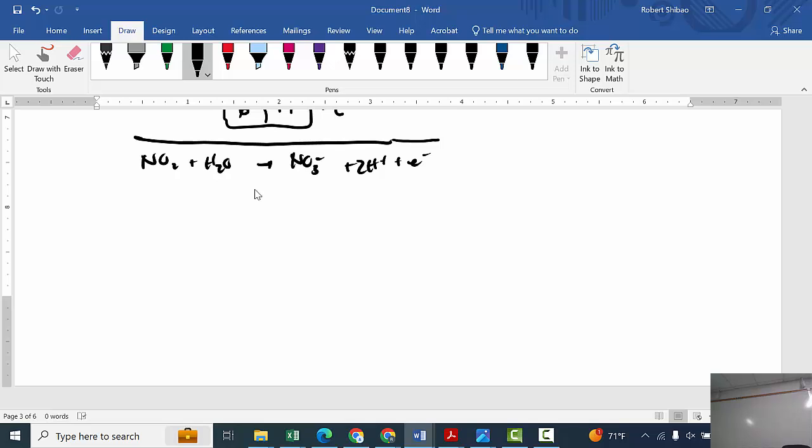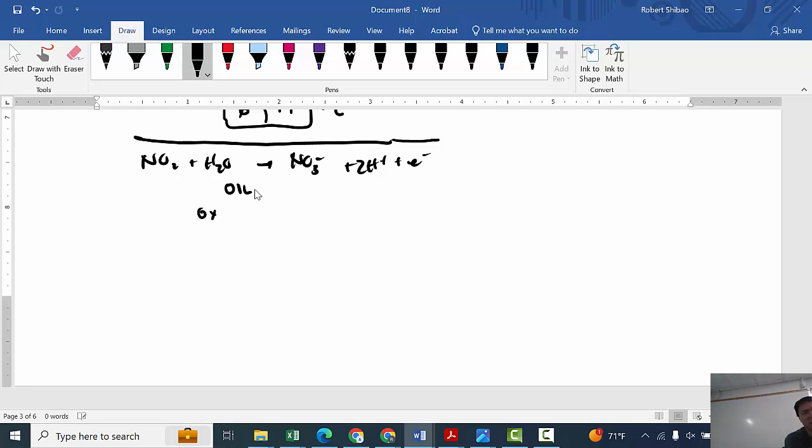What's the oxidation state of nitrogen in NO3 minus? +5. So to go from +4 to +5, do we gain electron or do we lose electron? We lose. So yeah, this is oil.